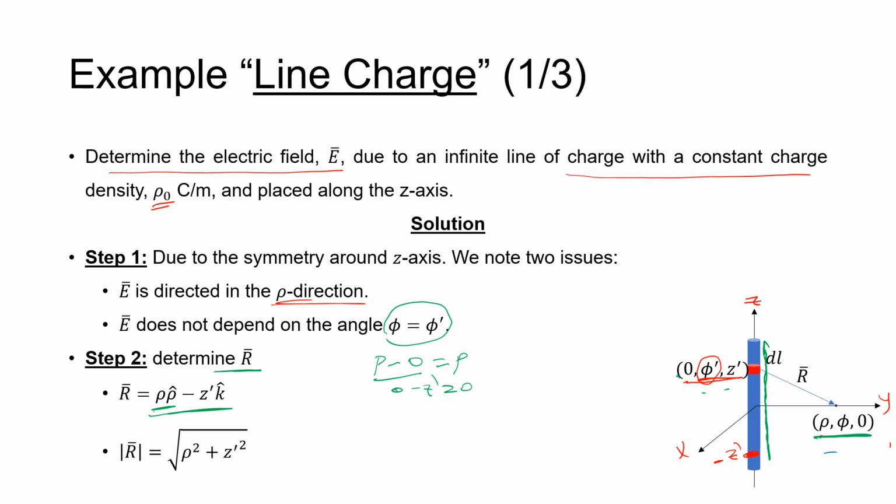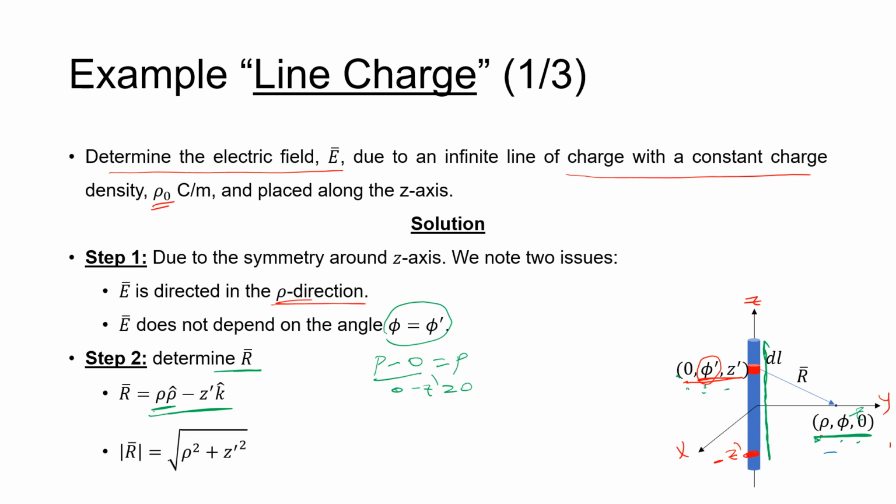Only z dash will change. And of course, in another example, maybe rho or phi dash will change. But in this specific example, only z dash is changing. So we need to know that either rho or phi or z of the calculation point is not changed. This is very important for the future also.